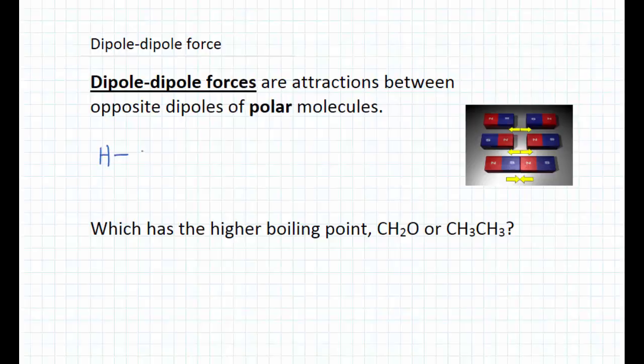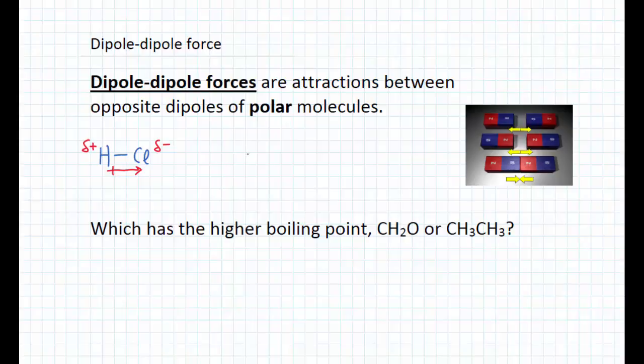It's a polar molecule, right? And it's polar because chlorine is more, what do we call that property that determines how strong an element pulls? Chlorine is more electronegative. Yep. So we get a partial negative on that side, partial plus on that side.